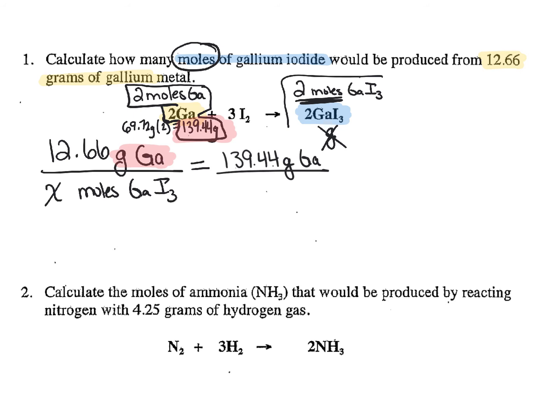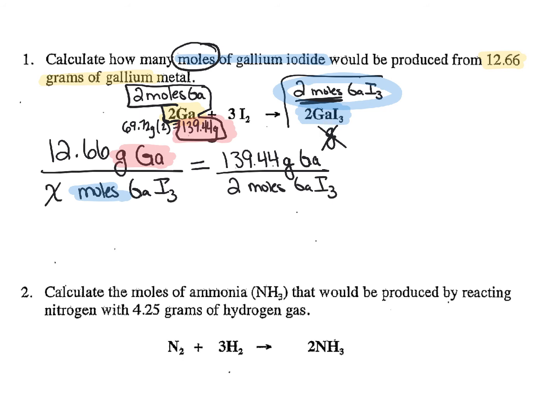On the bottom, I'm being asked for moles. So I only need to use from my recipe the moles information. So the recipe tells me that it's 2 moles of gallium iodide that are going to be reacting. So the left side is everything I'm given and what I need to find.